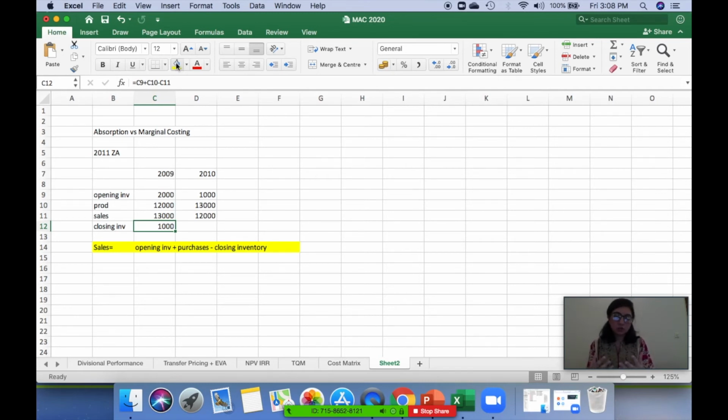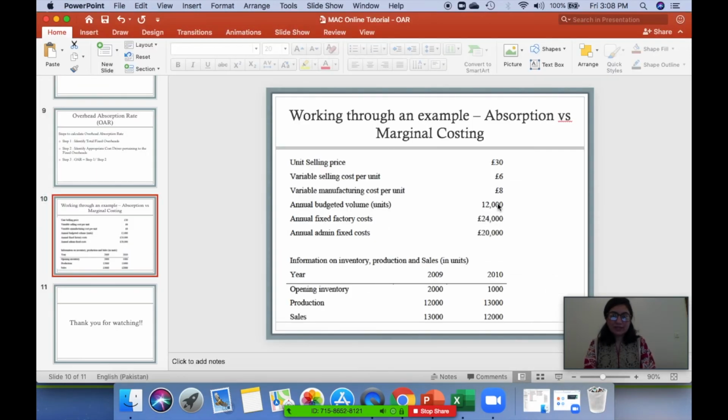Inventory and stock are also used interchangeably. My closing inventory becomes my opening inventory in this year. So technically, the examiner gave you the closing inventory of the first year themselves, because the closing inventory becomes the opening of the next year.